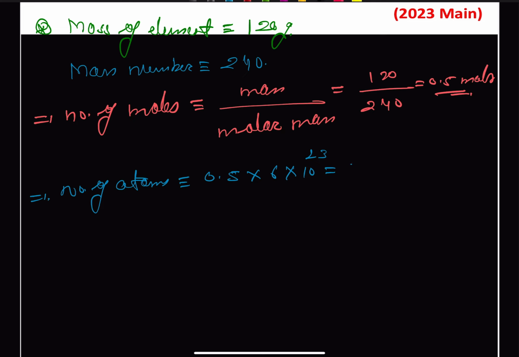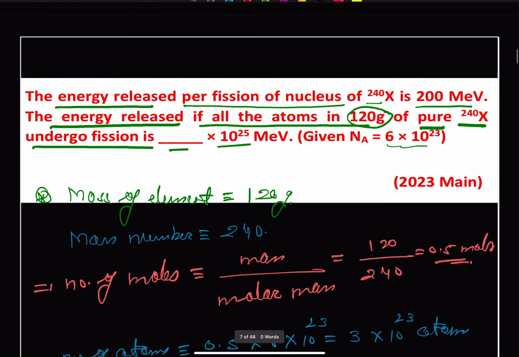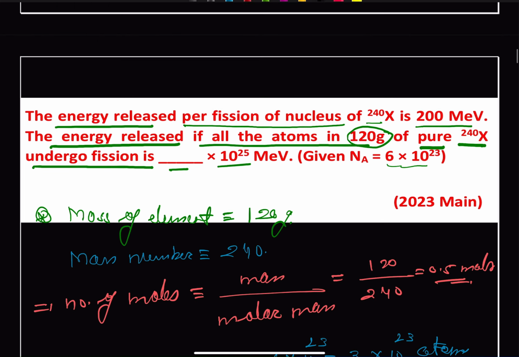This comes as 3 into 10 to the power 23 atoms. And it is given that energy released per fission is 200 mega electron volt. So basically it means energy per atom is 200 mega electron volt.